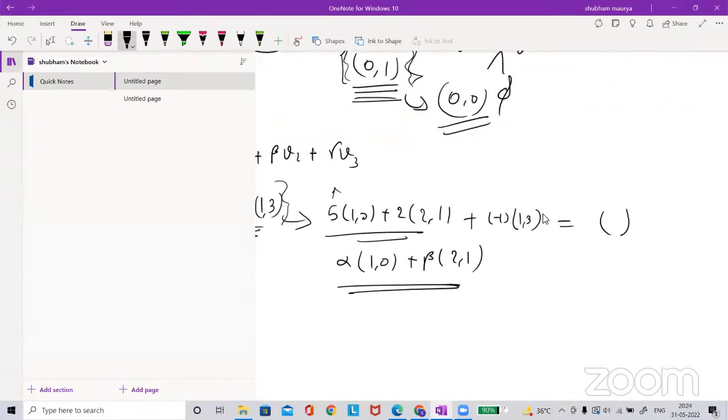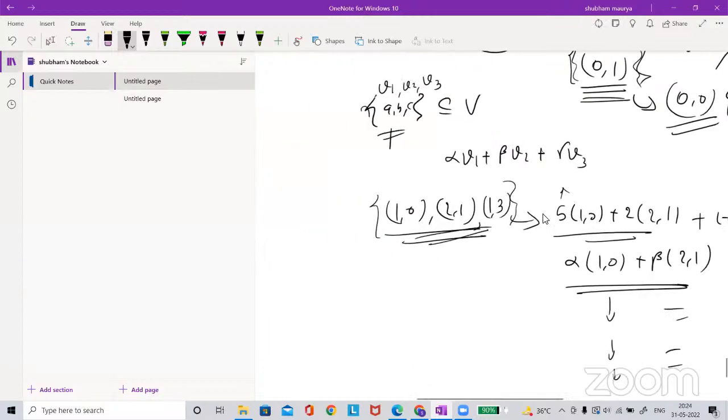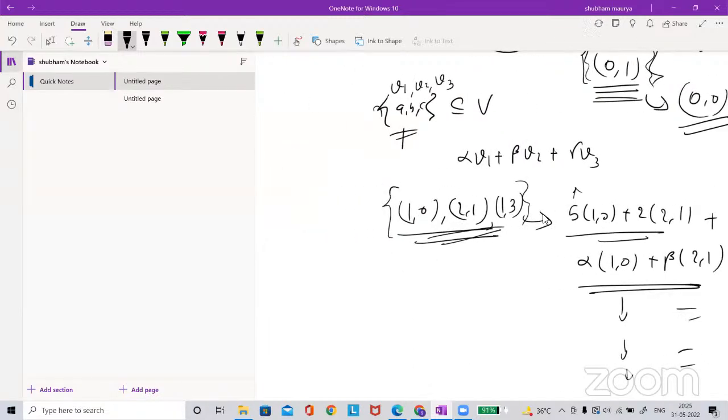If all vectors of V can be generated by these linear combinations, then this set of the three vectors is called a spanning set of that V.